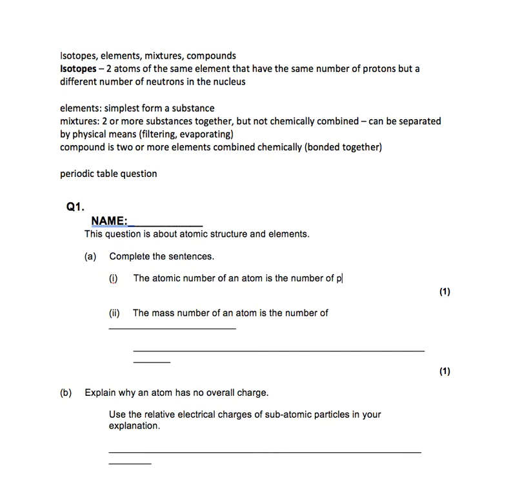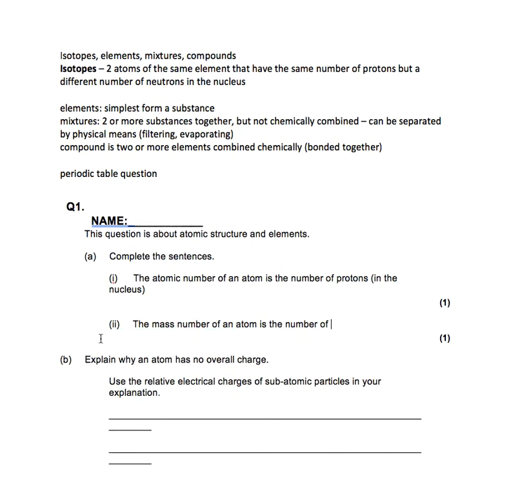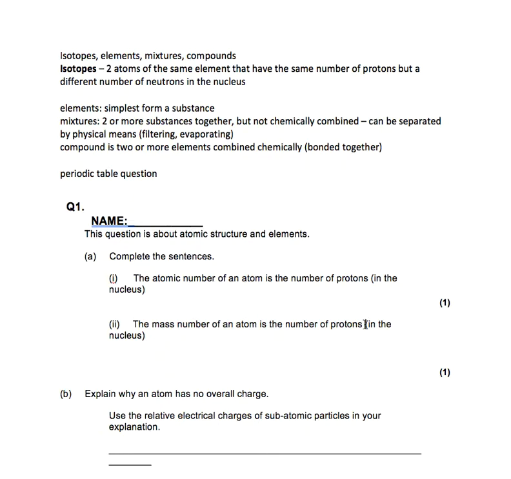Well, it is the number of protons, and again, I would say in the nucleus, just to show that I know. The mass number, well, hopefully you'll remember that that is the number of protons and neutrons. Again, in the nucleus.